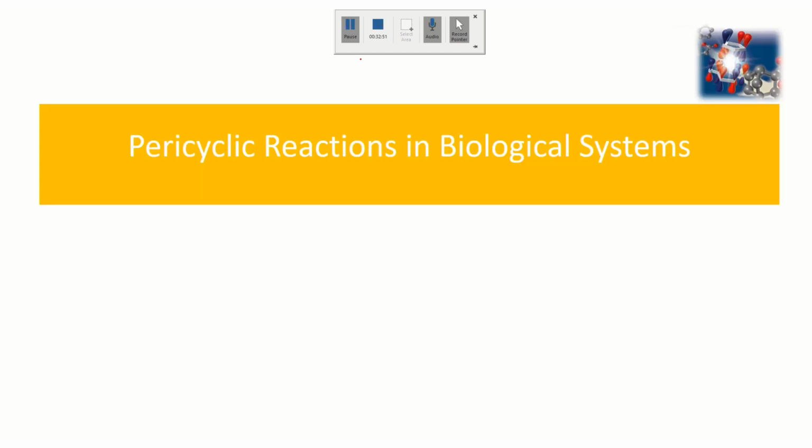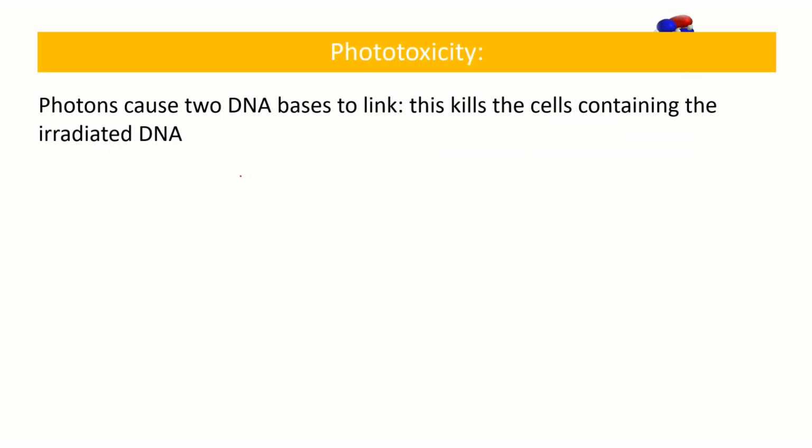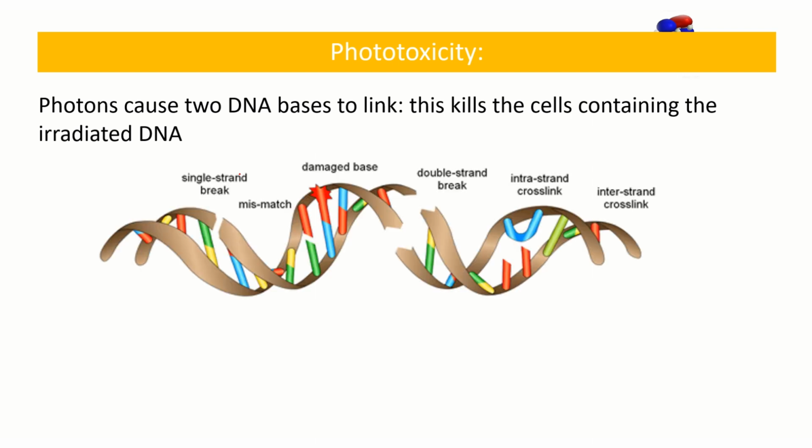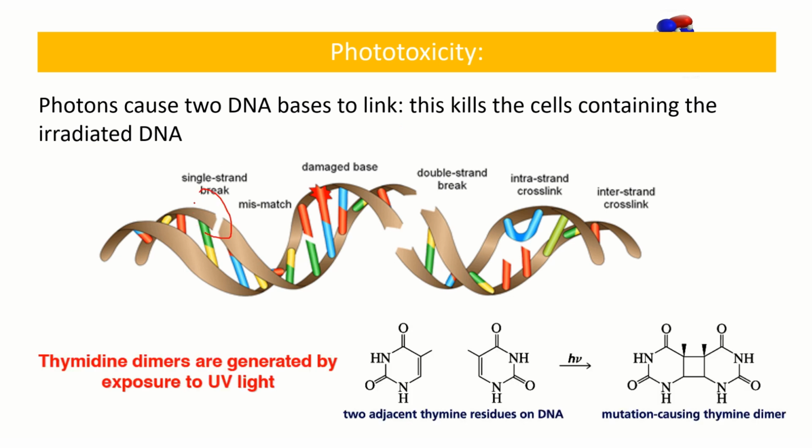In biological systems, of course, because this is where we're heading, most likely biochemistries, medicinal chemistries, pericyclics play a really important role. So, for example, we talk about phototoxicity, where if you have systems like this where you have breaking the bond, and so on, so damaged bases, and intra-strand crosslinks, or interstrand crosslinks, then you'll have mutations.